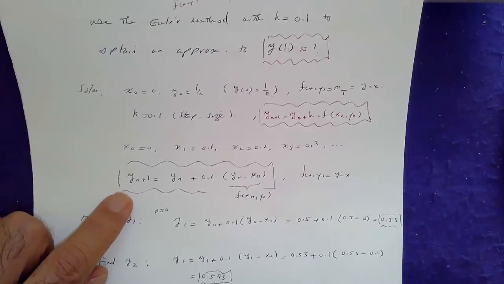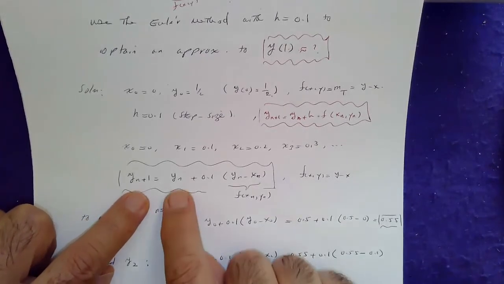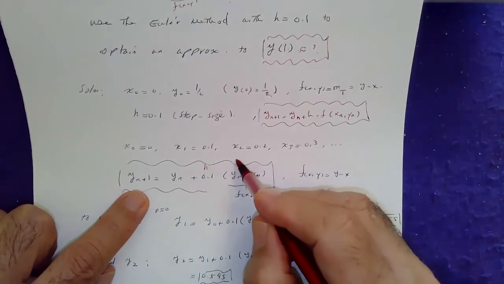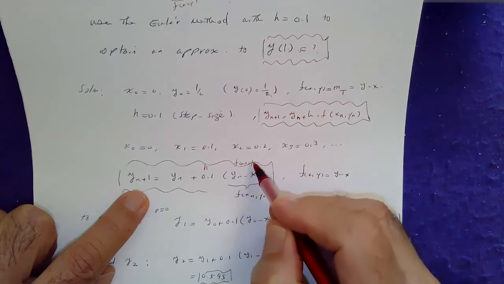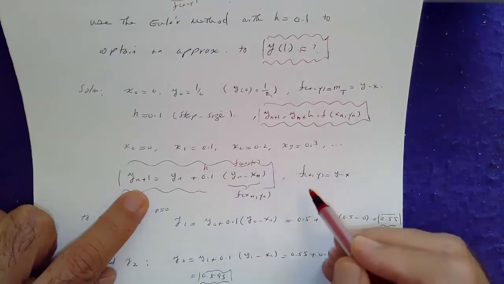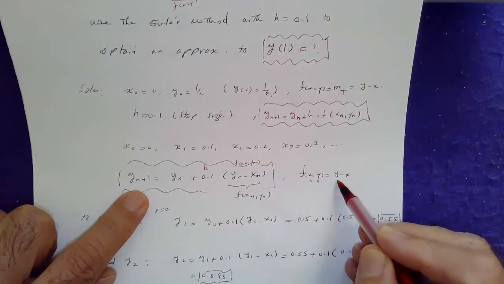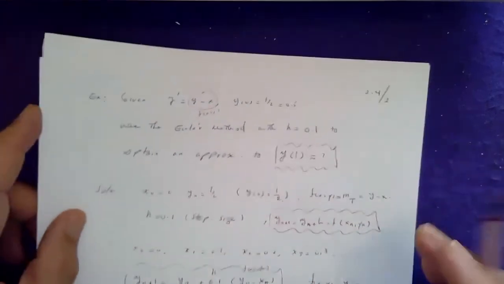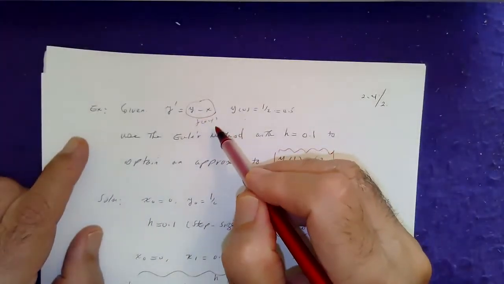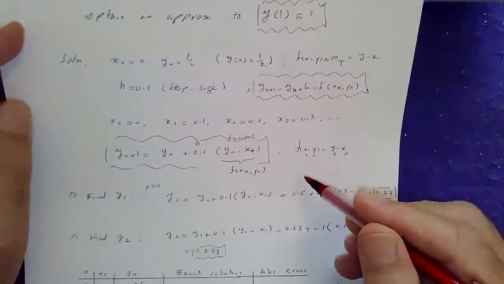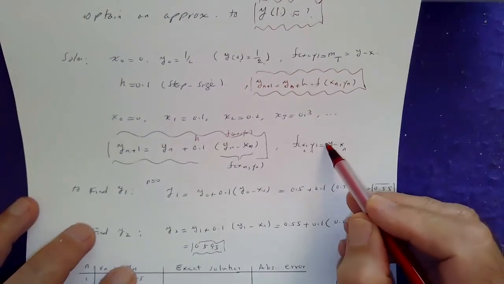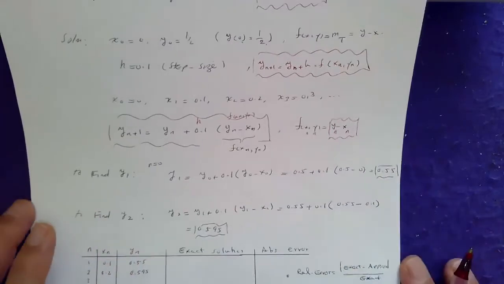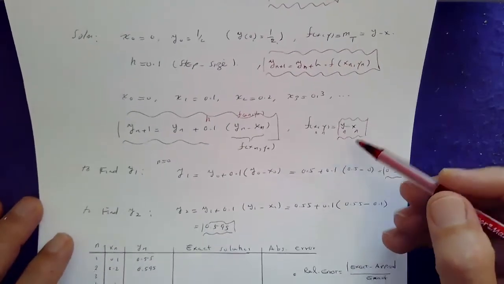So here's the formula. y sub n plus 1 is y sub n plus h times f of x n, y n. But remember, f of x n, y n means replace the x's with x n and y with y n in your f of x, y, because you're going to do some iteration here.